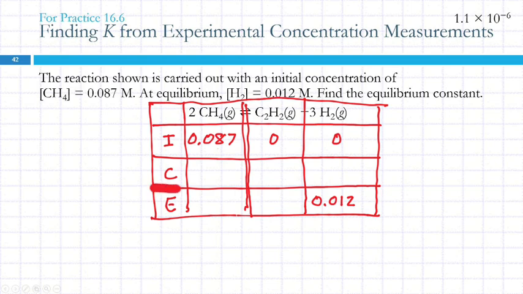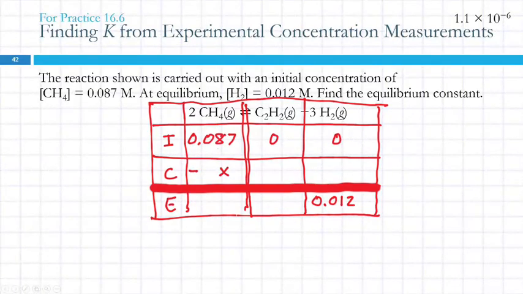We can think of this as a table where we're taking the initial and adding the change to get the equilibrium. So we're going to use X to show what's happening here. The reactant is going to go down in concentration, so that goes down, minus X. And because there's a 2 here, I'm going to put a 2 in front of the X. The products are going up.